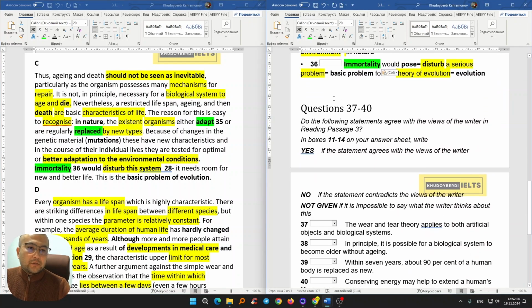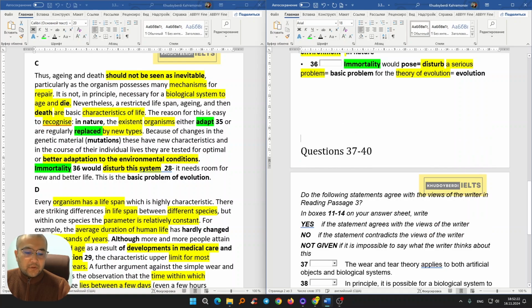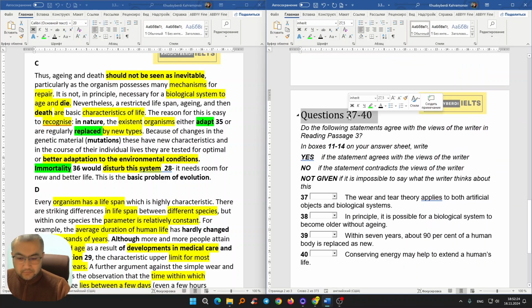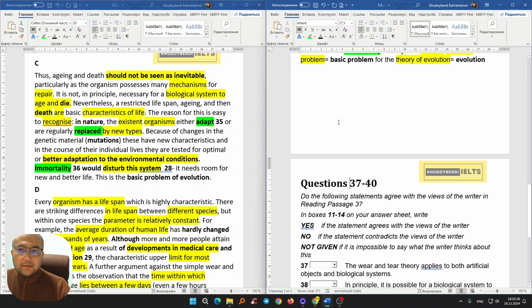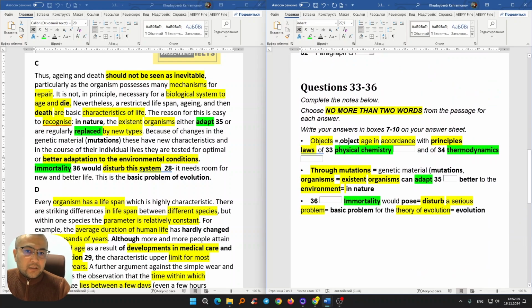So the next one. And another reason why I like reading in terms of IELTS, not in other English testing systems: because the sequence of the answers is the same all the time in most cases, right?